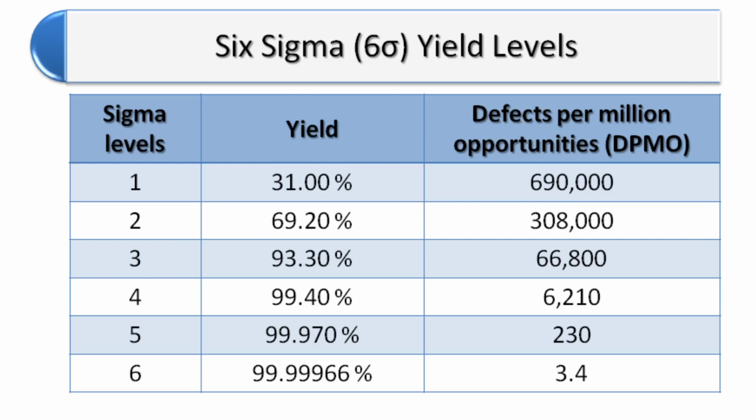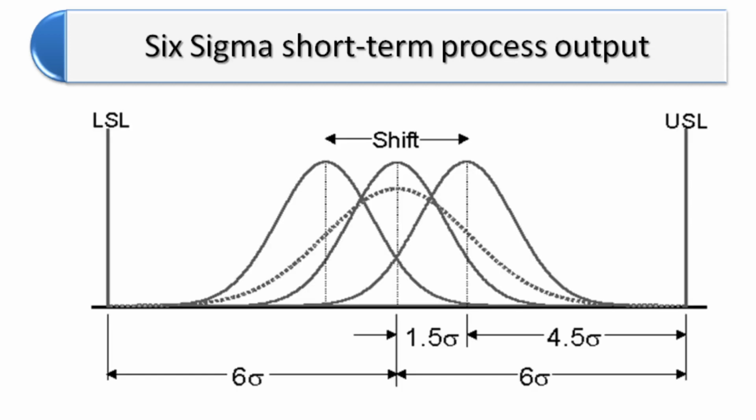That means only 3.4 products out of 1 million, out of 10 lakh products, are defective. So this level you have to achieve. That is what the sigma levels are. So this is your target, it should be like this. We will go through sigma level 6 and we will get defective products of only 3.4 per 1 million products. So this is what the sigma levels are about, and it's the defects per million opportunities.